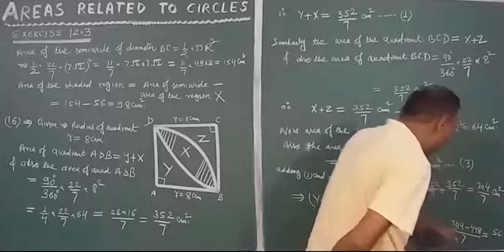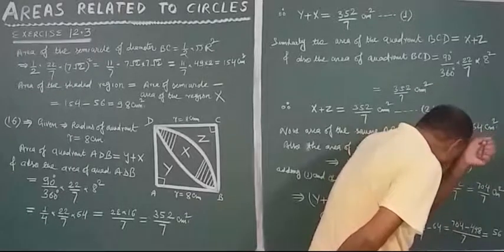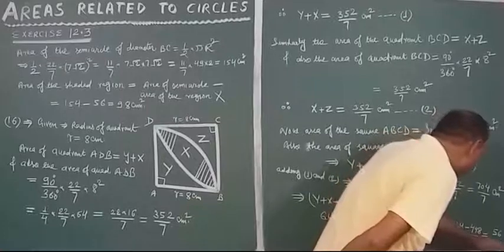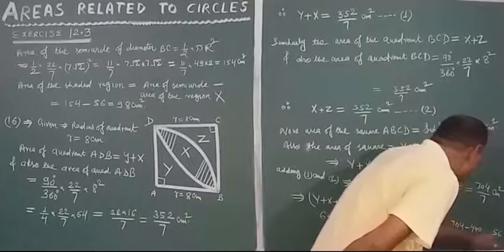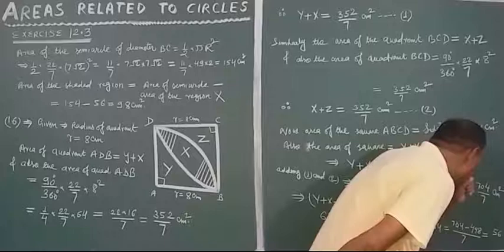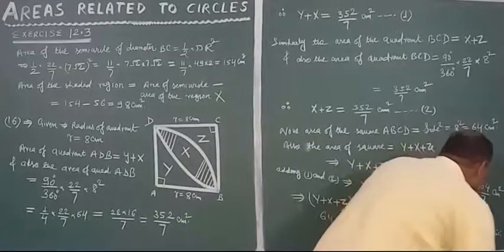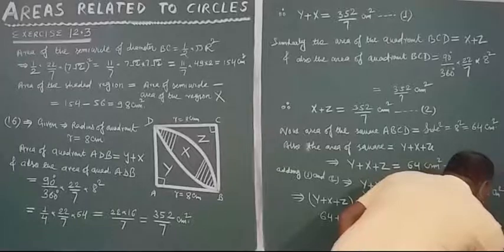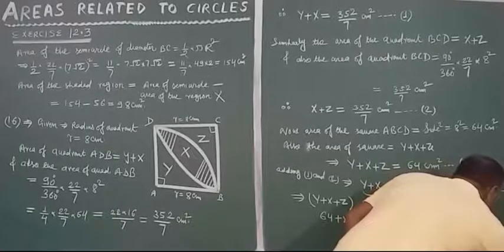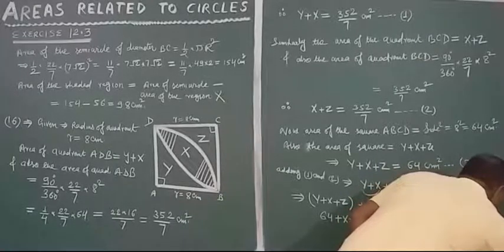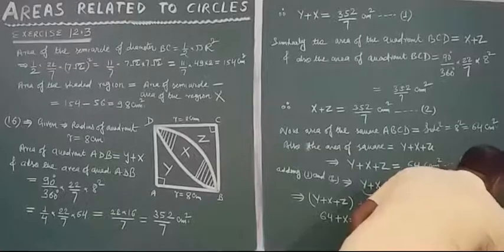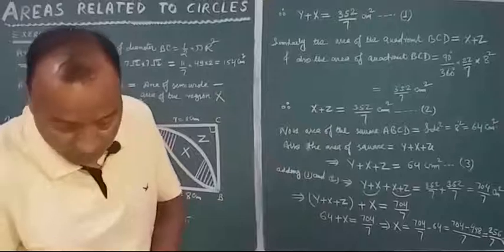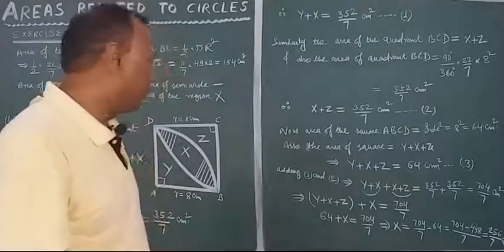And 6 minus 4 is 2. Again just check here. What is the answer? 256 upon 7 centimeter square.